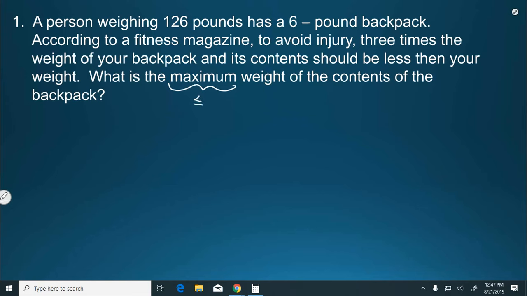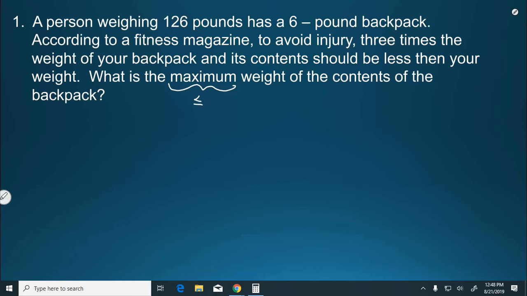All right, and let's think about this again. A person weighing 126 pounds has a 6-pound backpack. According to a fitness magazine, to avoid injury, 3 times the weight of your backpack and its contents should be less than your weight. So we know the backpack is 6 pounds. We don't know what's in the backpack. We know that 3 times that should be less than your weight.